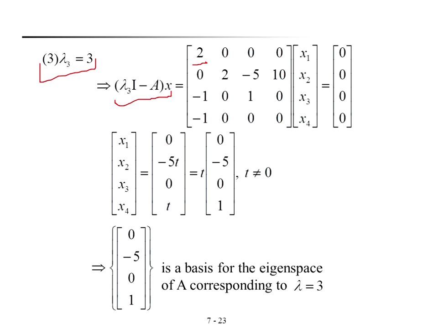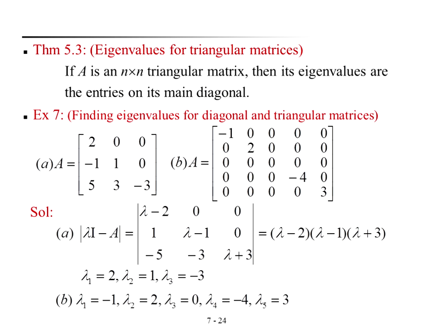So as we see in that slide, it is 2 and it is 2, and similarly here we get the same matrix. Opening this matrix, we get this eigenvector. You can take t common outside, so inside we get 0, -5 and 0. So this is a basis for the eigenspace of A corresponding to lambda is equal to 3.